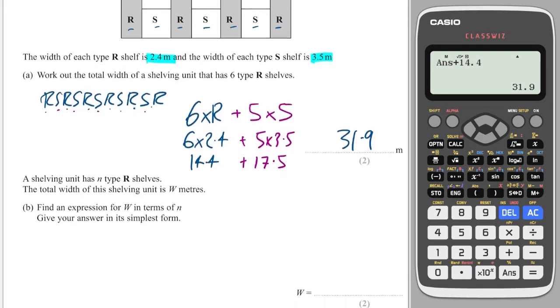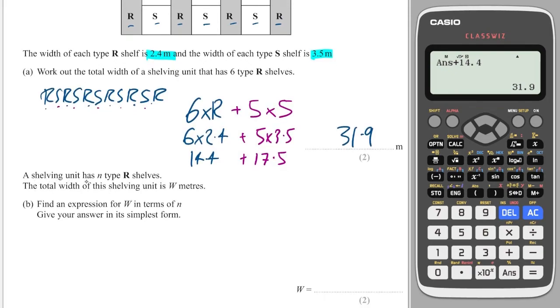Okay, it then says that the shelving unit has n number of R shelves, so an unknown amount, and the total width of the shelving unit is W. Find an expression for W. Well, what did we do last time? We did R multiplied by the number of R's there are.